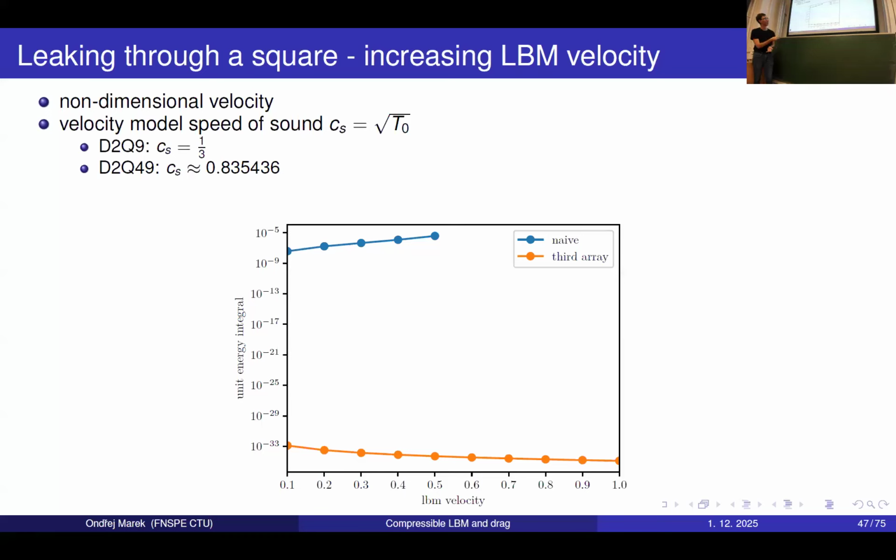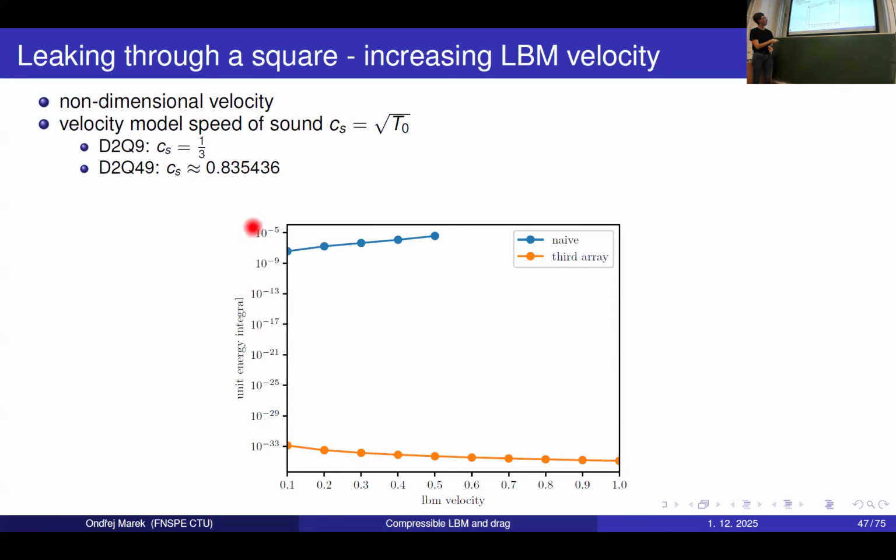And here in the graph, we can see the speed of sound. Usually it's said that the LBM method works well for velocities not larger than the speed of sound, and preferably like 3 times smaller, up to 0.1, so up to here.